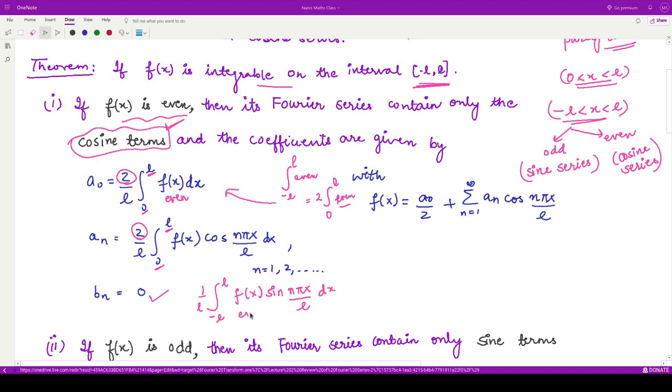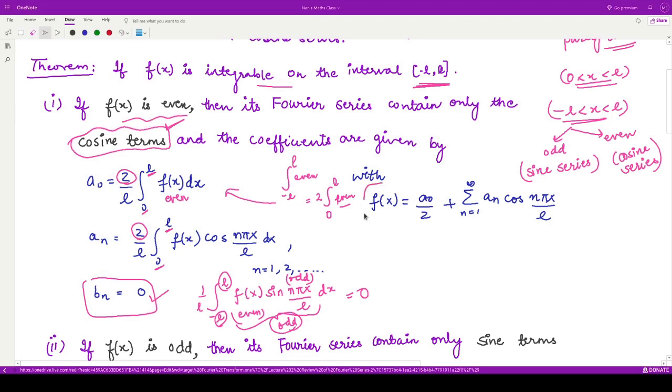Now f is even and sine is an odd function, so their product is an odd function. We know the integration of any odd function from the negative of a limit to the same limit is equal to 0. So bn is 0 when the function is even.